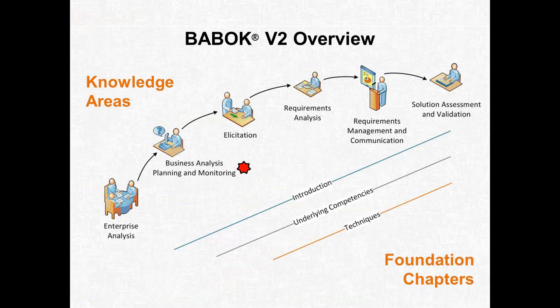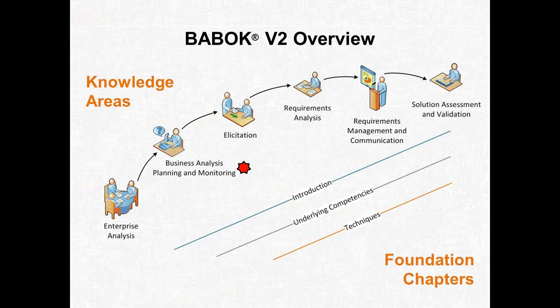Okay. Then our two other areas where we intensely work with our stakeholders are elicitation and requirements management and communication. In elicitation, you are going and meeting the stakeholders, and the information flow is from stakeholders to the business analyst, right? During elicitation, though we ask the questions, the main flow is from our stakeholders to the business analyst.